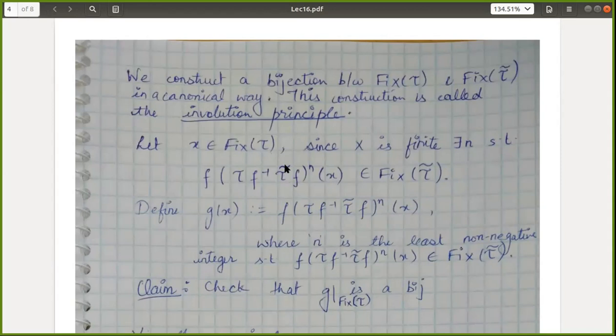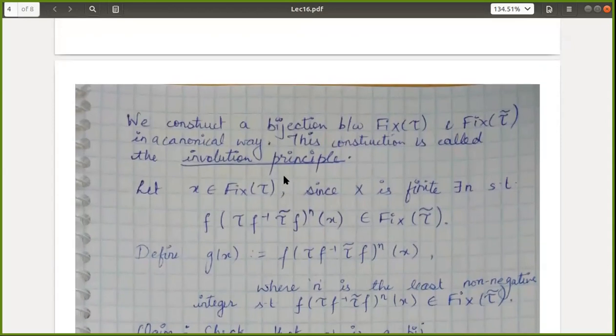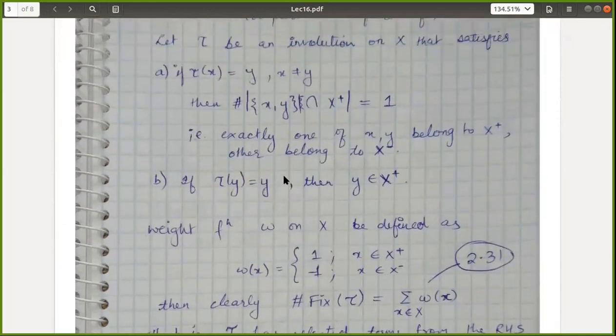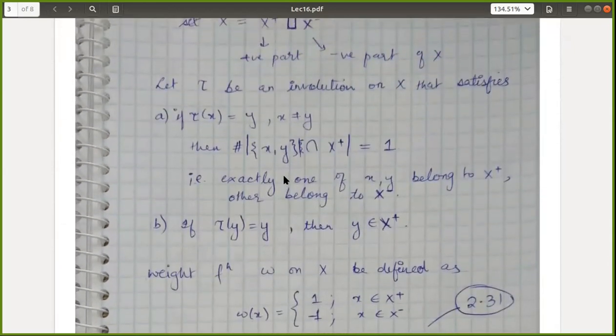And then tau tilde, being an involution, will keep the elements of... so if you remember here, tau of y is y, then y belongs to X plus, I know.